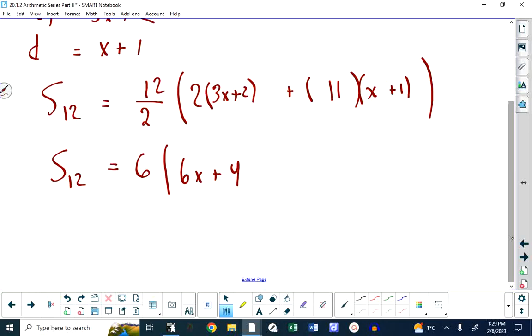I take that 2 times the 3x. I take the 2 times the 2. Do the same thing here and get 11x plus 11. Is there a simpler way to write what's in brackets? Well, yeah. Instead of writing 6x plus 11x, you can write 17x.